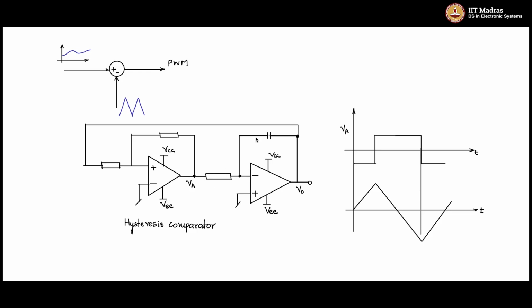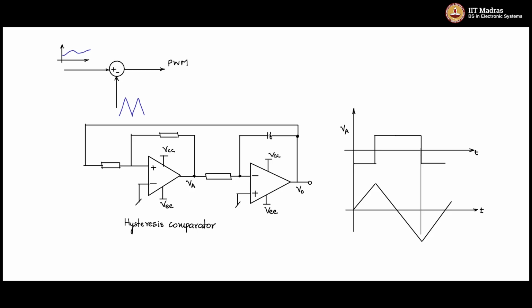This RC controls the rate of rise of this triangle wave, because this R here controls the amount of current that is injected, and the amount of current will tell you the rate of rise of the voltage here, right? Because the voltage across this is nothing but 1 by C integral of I dt.